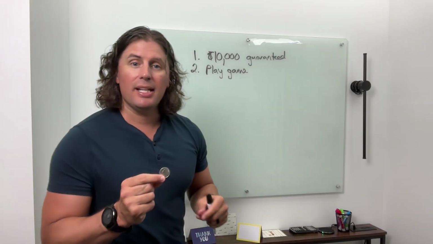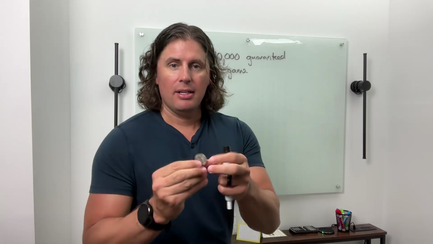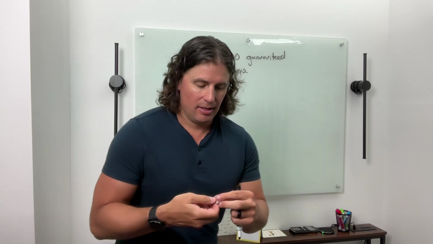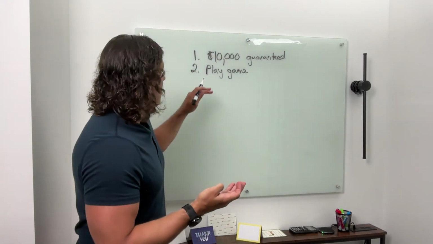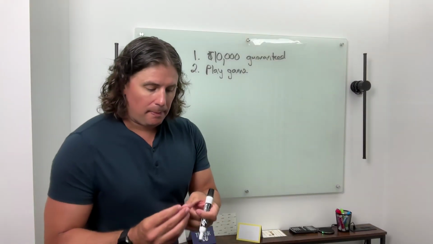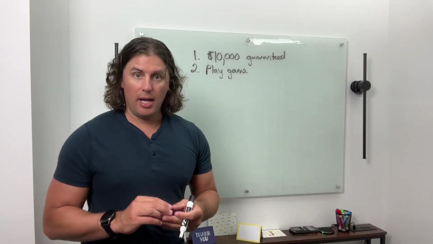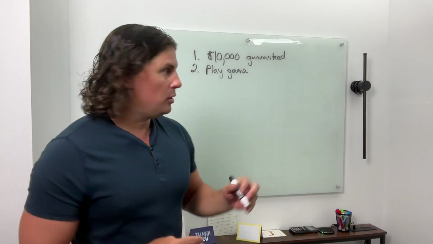In my hand is an American quarter of $1, and I've got heads on the front, tails on the back. And the way the game works here is we start out with $2.